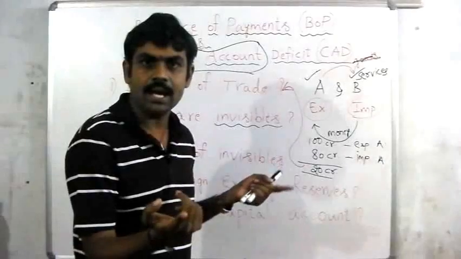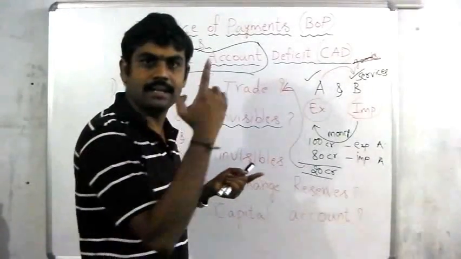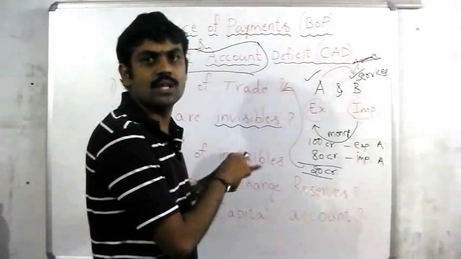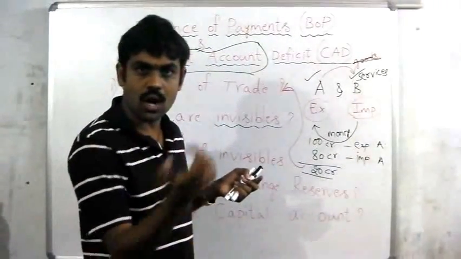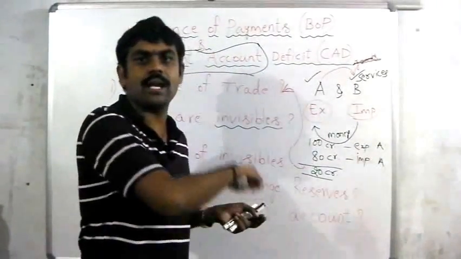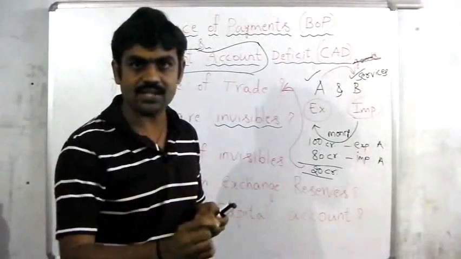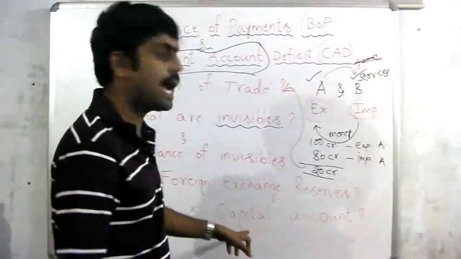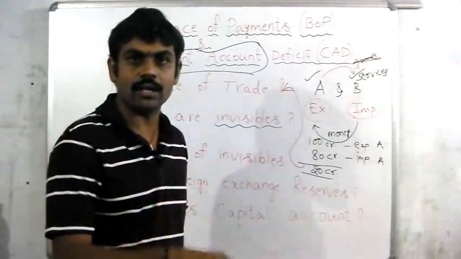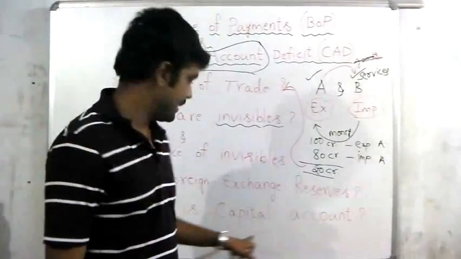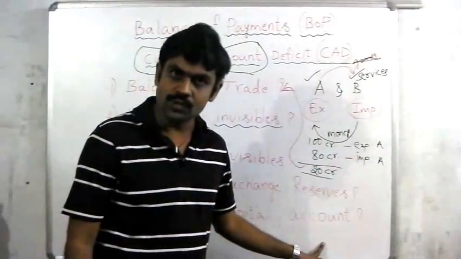So from USA we are getting some inflow, and sometimes India will invest in USA. So there is inflow as well as outflow of funds in the form of capital investment. All such transfers will be recorded in an account called the capital account.